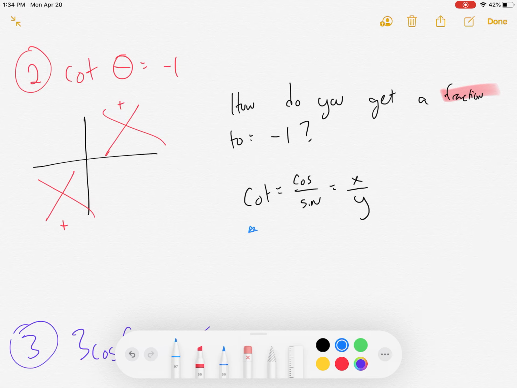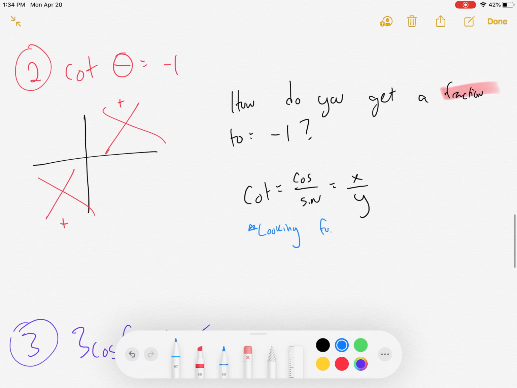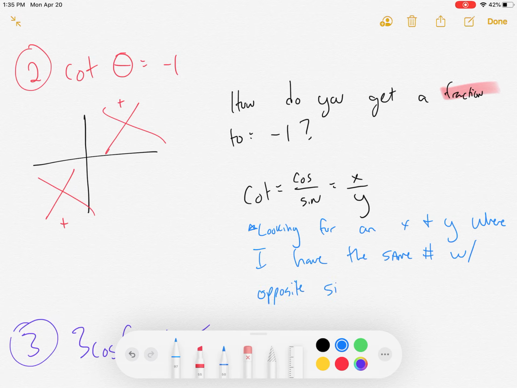So in other words, I am looking for an x and y where I have the same number with opposite sign.